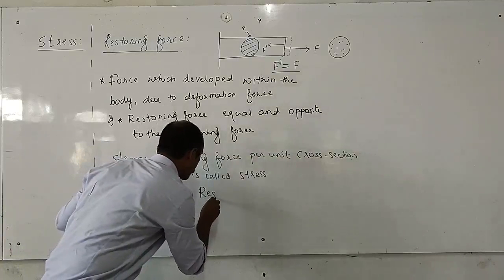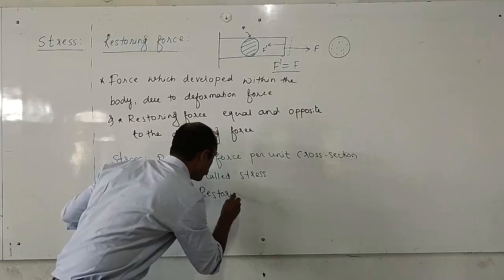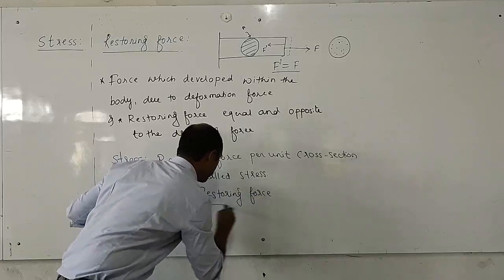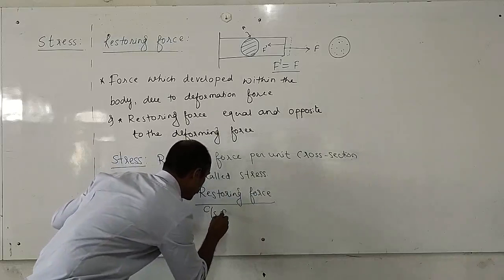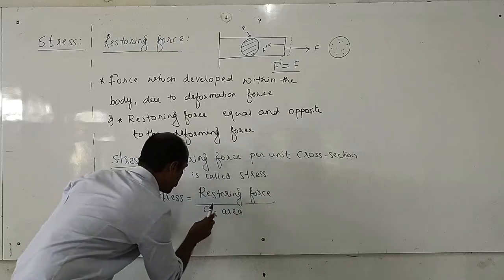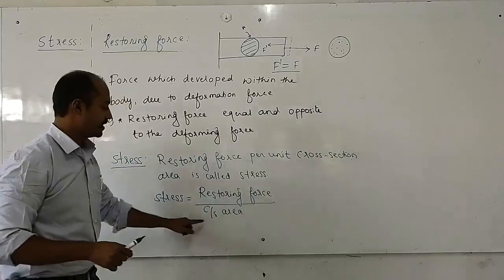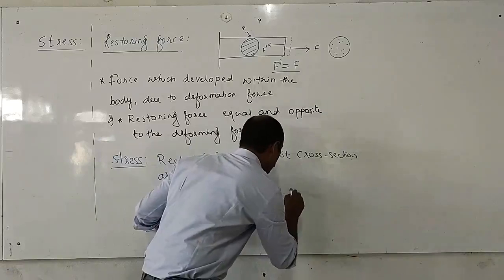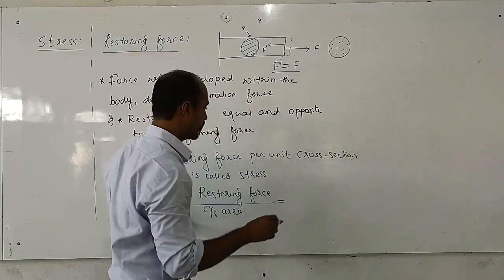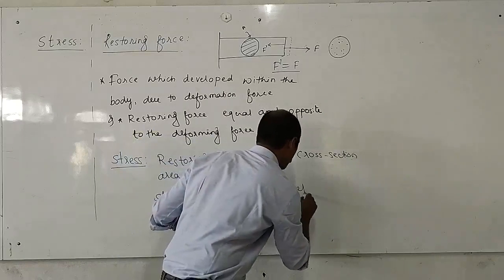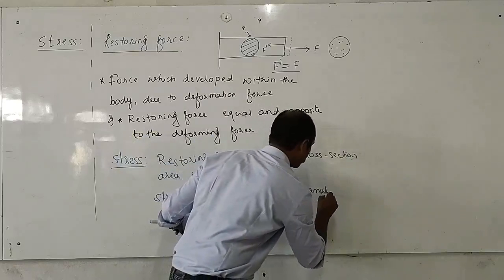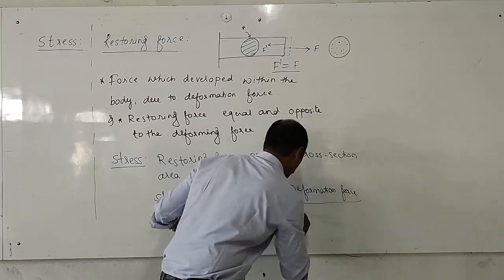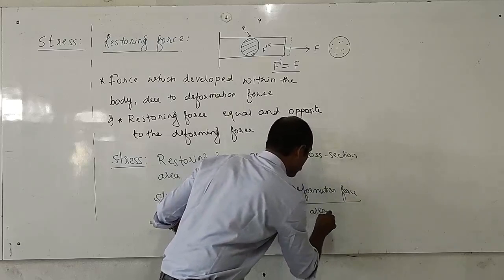If I write stress in mathematical form, stress is equal to the restoring force divided by the cross section area, S. The deformation force is nothing but the restoring force; both are equal, so stress equals deformation force divided by cross section area.